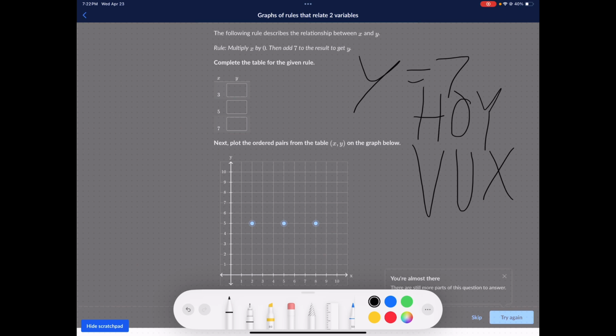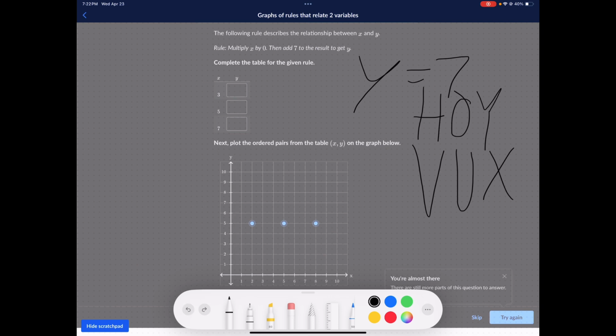Hoy stands for horizontal zero slope y line. So that means that the slope is 0, and it's going to go in sort of this direction right here. A Vux stands for vertical undefined x-line. So it's going to go up like that.